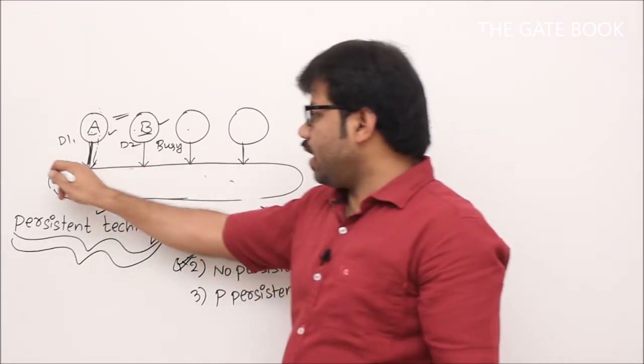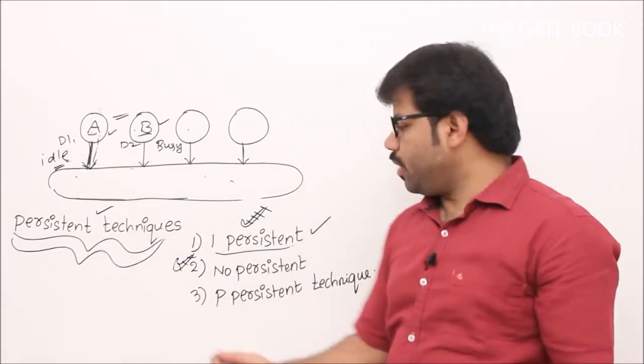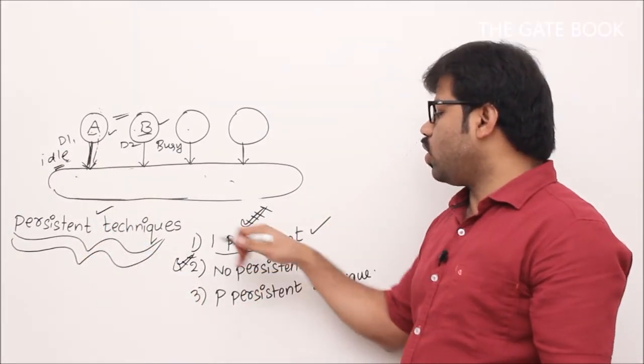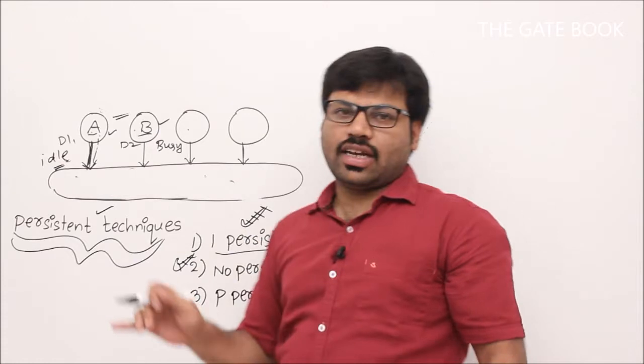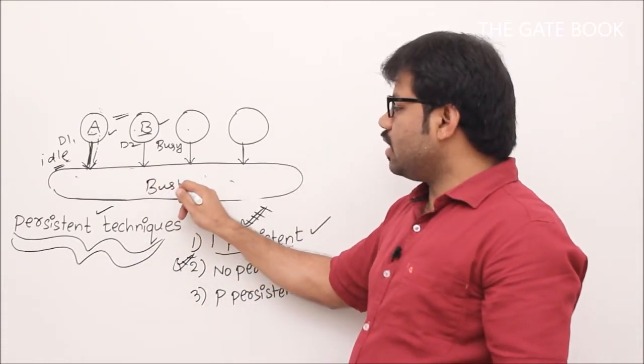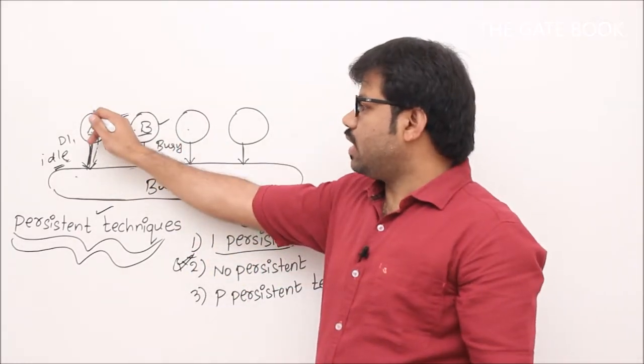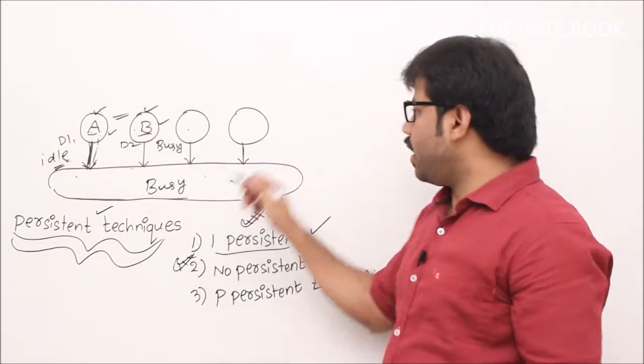If the channel is idle, they send as usual. That means no persistent is equal to one persistent whenever your channel is free. What if this channel is busy? Then, rather than waiting, these stations are going to wait for some random time.